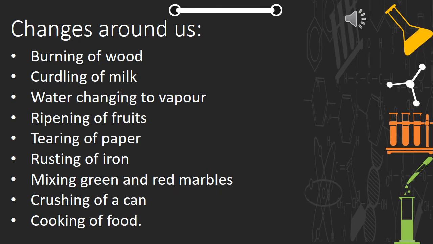In our daily life we observe many changes around us. These are a few examples which we observe daily: burning of wood, curdling of milk, water changing to vapor, ripening of fruits, tearing of paper, rusting of iron, mixing green and red marbles, crushing of a can, and cooking of food.